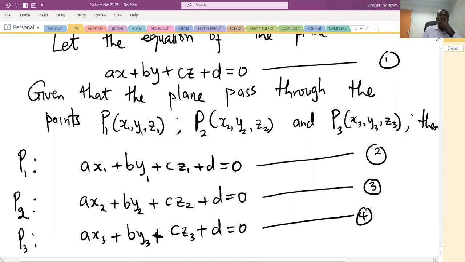So we are interested in solving a system of these linear equations in A, B, C, and D, equations 1 to 4.